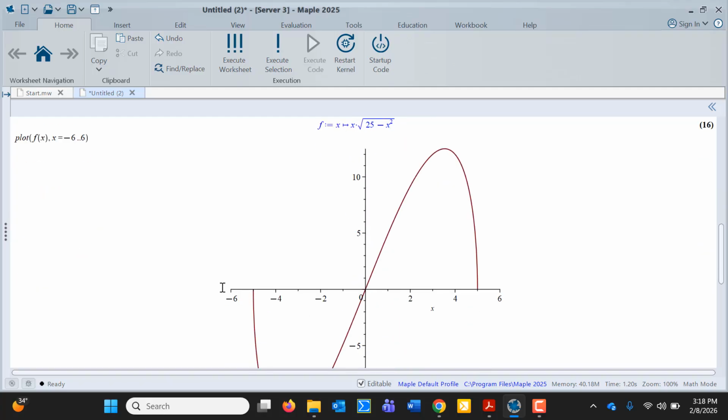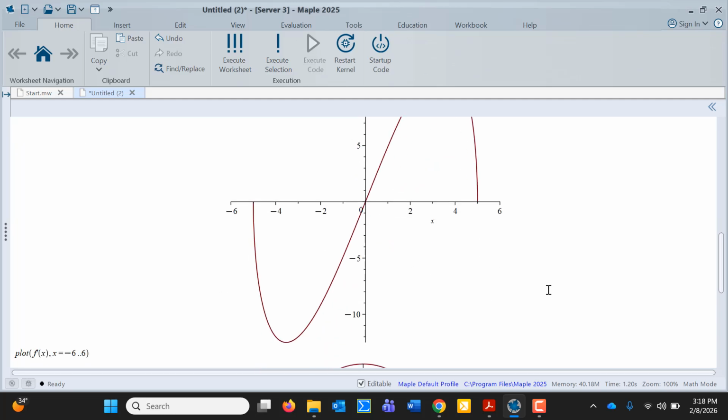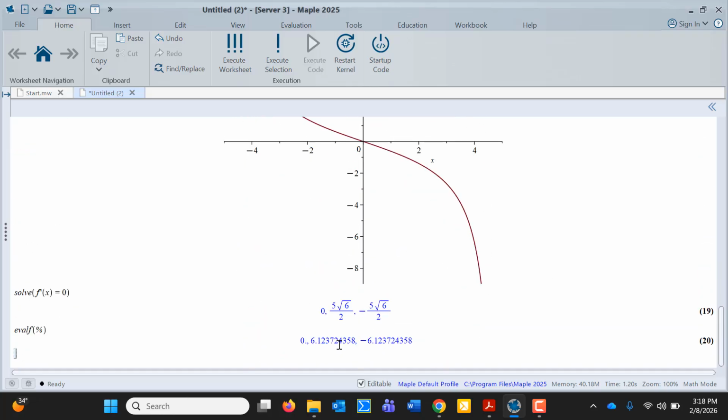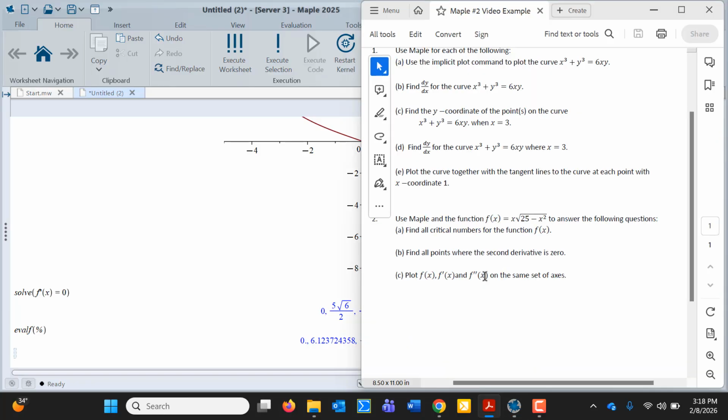The graph doesn't go beyond negative 5 or beyond positive 5. So we should disregard these two solutions because they're not technically in the domain of our original function. Okay, so the only point where the second derivative is 0 is at 0.